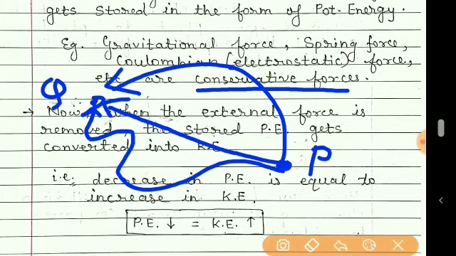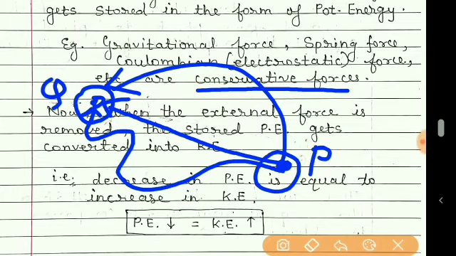So there are many paths, but the work done here will not depend on the path. It only depends on the initial position and the final position. So this is an important thing about the work done in a conservative force.